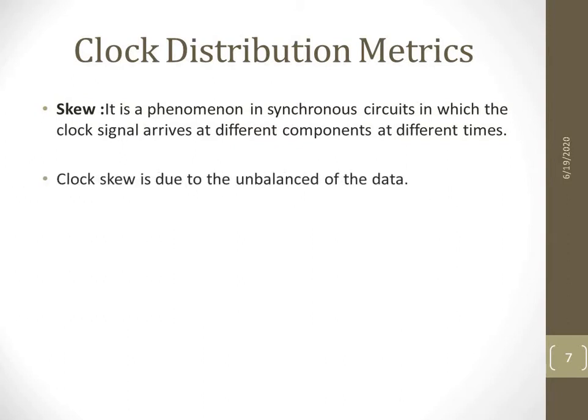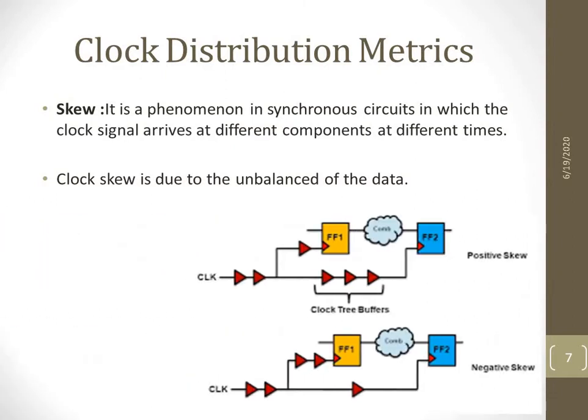So the clock skew is due to the unbalanced clock path. The clock signal we send, if it is unbalanced, then the arrival times will be different, which results in a clock skew. So this is what you can see. The skew can be positive skew and negative skew. Positive clock skew, you can see here, to flip-flop 1 the clock has arrived faster, but to flip-flop 2 the clock has arrived later.